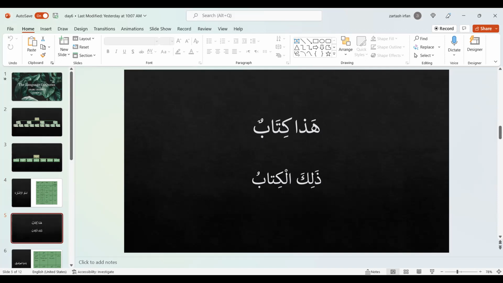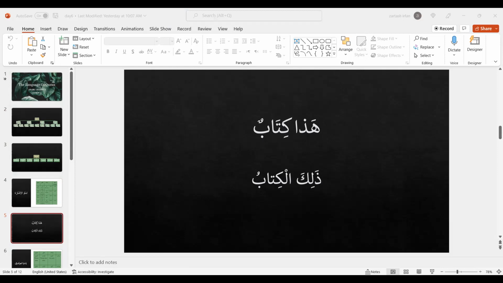Here it is zalikal kitabu, that book. As I told you, zalika is used for the objects which are ba'id, which are far from us. As you know, kitab is a singular noun, so we are using the singular form of the Ismul Ishara, and that is zalika. As we are talking about an object which is far from us, we use the form for far objects, and that is zalik for the mufrad objects.